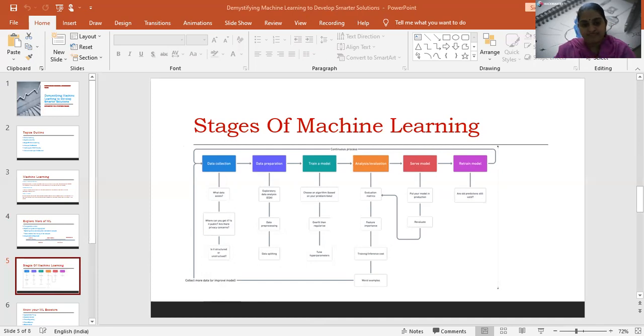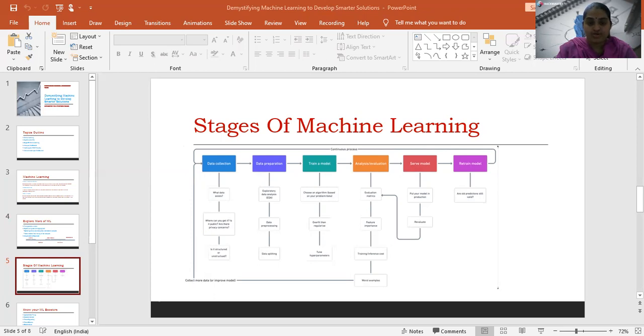Training a model. Training a model is the most important aspect in these stages of machine learning. We choose an algorithm, overfit the model, and reduce the overfitting with regularization. Choosing the algorithm is the most important aspect before deciding how the model can work under those particular conditions.